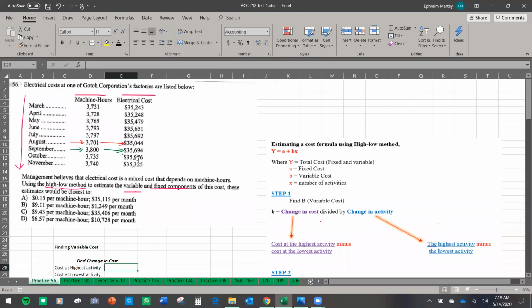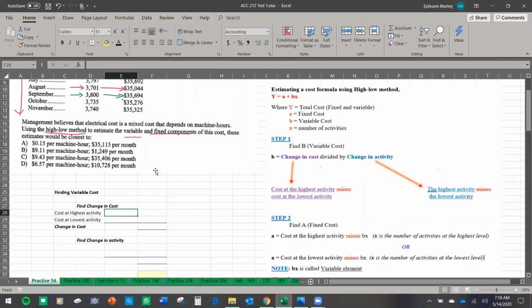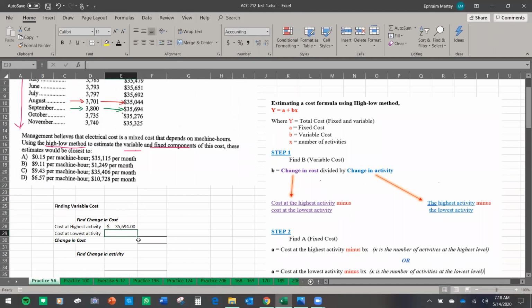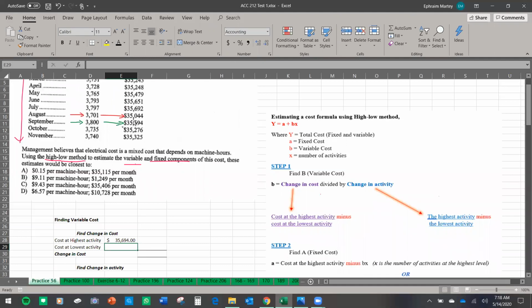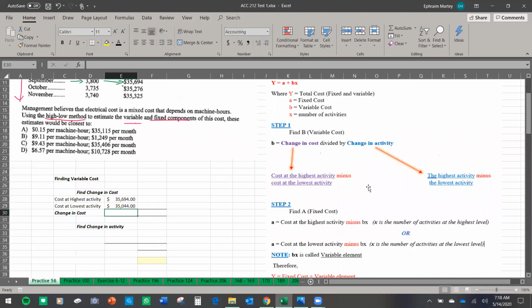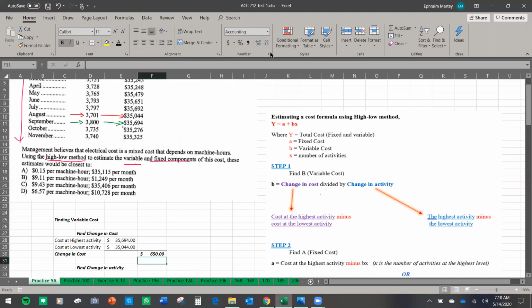We know the cost at the highest activity is 35,694. What is the cost at the lowest activity? That is 35,044. So we subtract the cost at the lowest activity from the cost at the highest activity, and we have this right there. That is our change in cost.